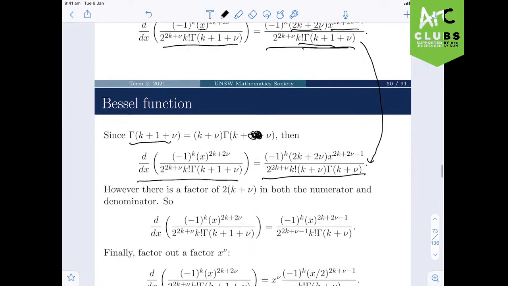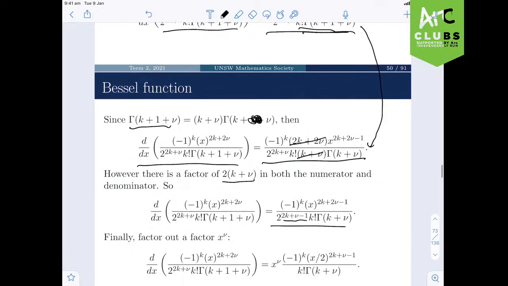But there's a factor of 2k plus nu in both the numerator and denominator, and so we can cancel it out. We get this term disappears, one of the factors of 2 disappears, and this disappears, and so we get this. So the only things that have changed are the power of 2 moving down by 1, and the gamma going down by 1.